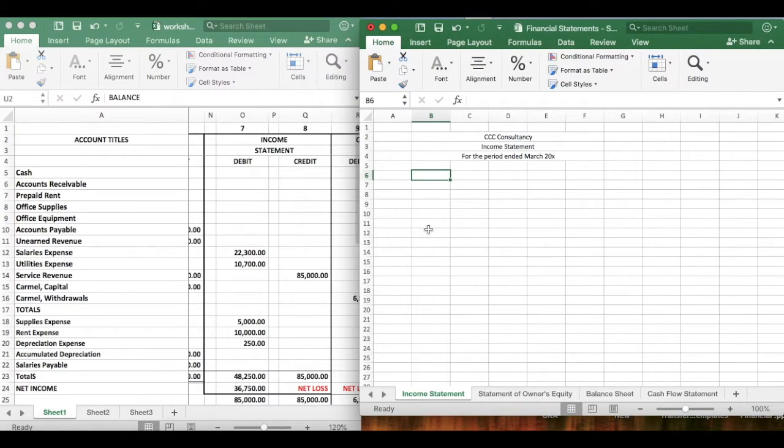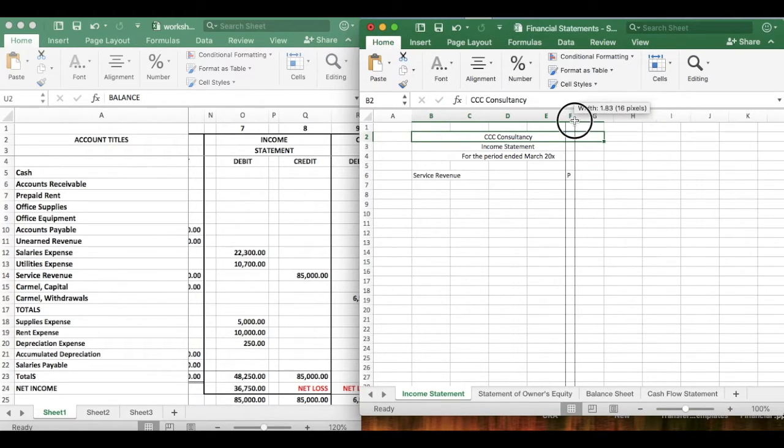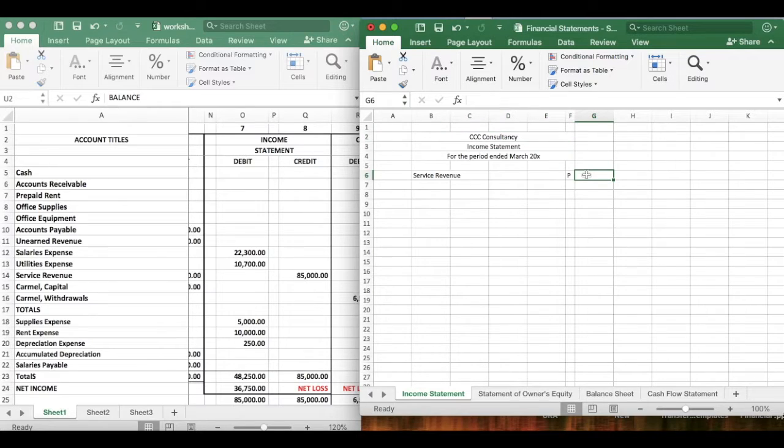So we have service revenue. We'll present that now. Service revenue at the amount of 85,000. Let's just say I'll put a line so that I could add later. Okay, 85,000.